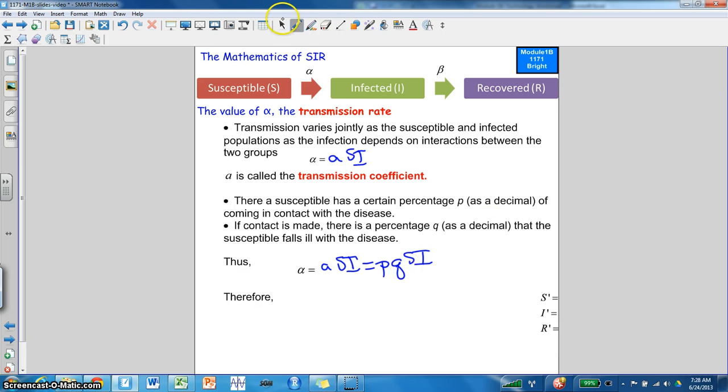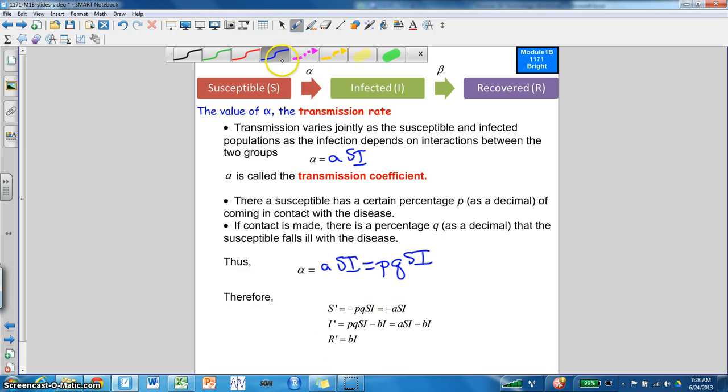And so in total, if we write our new model out, we get these three rate equations, which describe the change in the populations over time. Now you can see that each one of them is changing in accordance with the population of one of the compartments, so these are actually nonlinear.